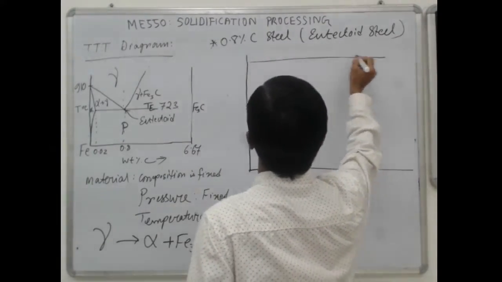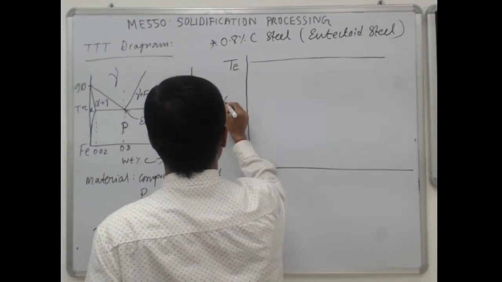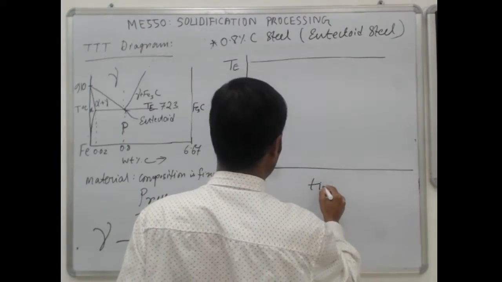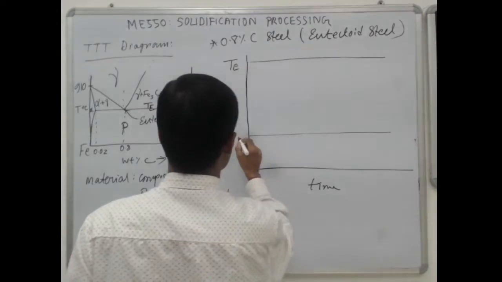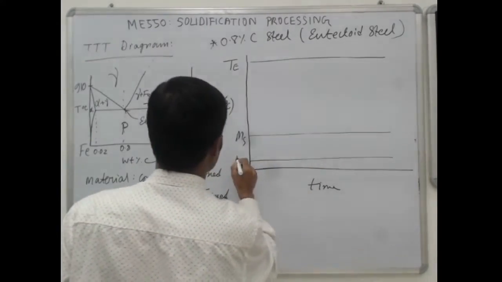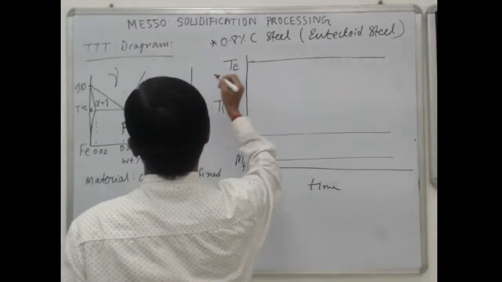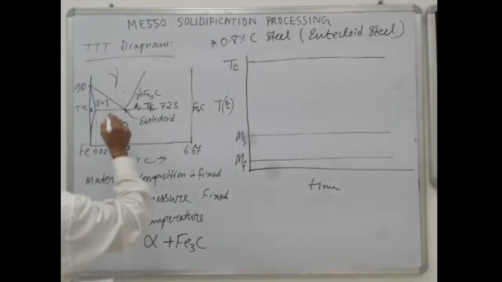So here, you take temperature, this is temperature in degrees centigrade, and this is time. Suppose this is martensitic start, MS, this is M finish. So this temperature is also known as the A1 temperature.